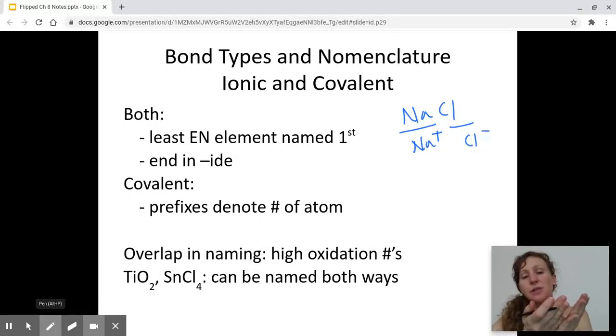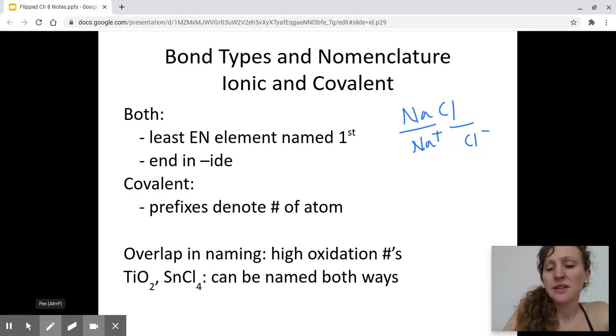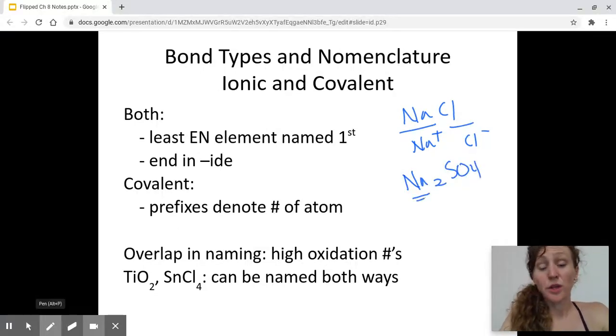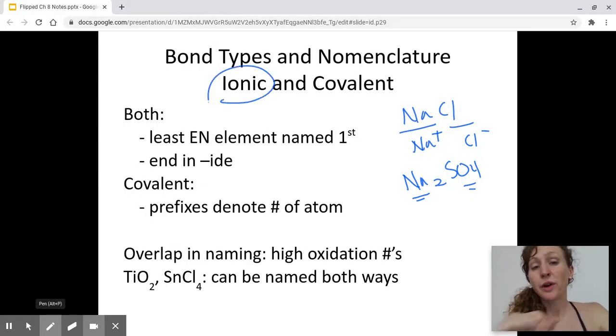You just take the names of the ions and smush them together. Same thing with Na2SO4. You name the sodium ion, you name the sulfate ion, and sodium sulfate becomes the name.